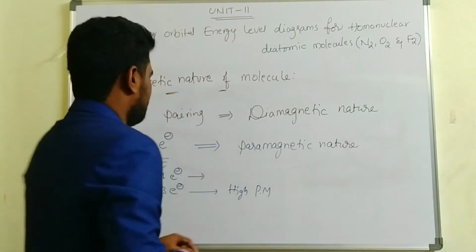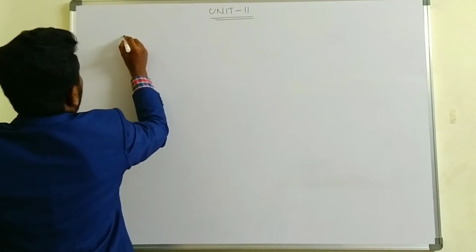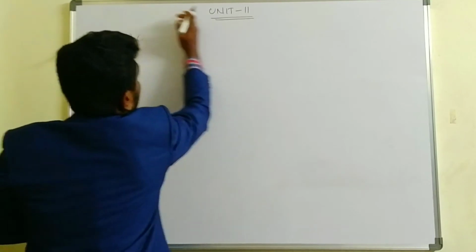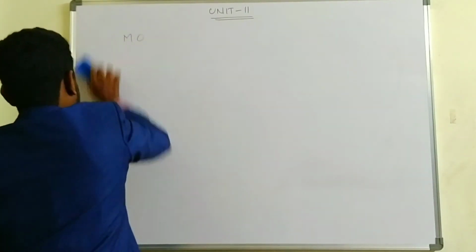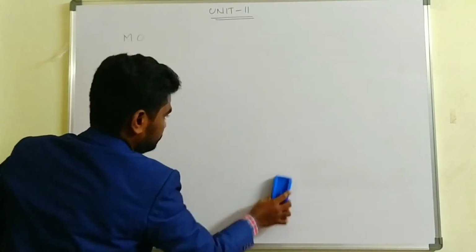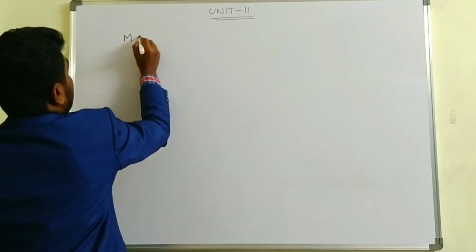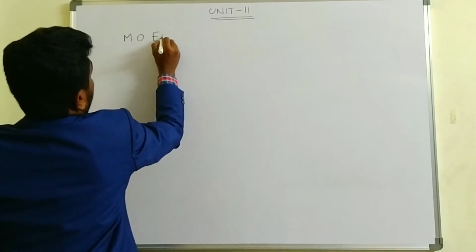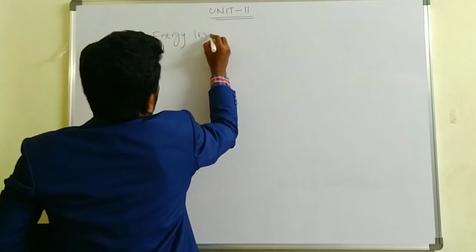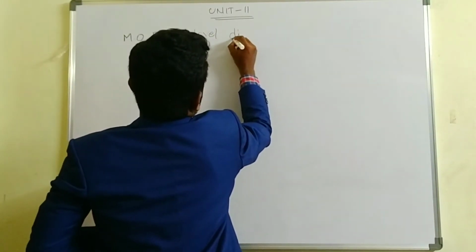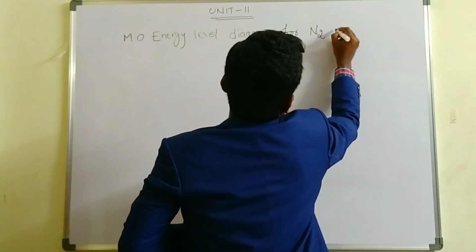for homonuclear diatomic molecules. First, we have the molecular orbital energy level diagram for the nitrogen molecule.